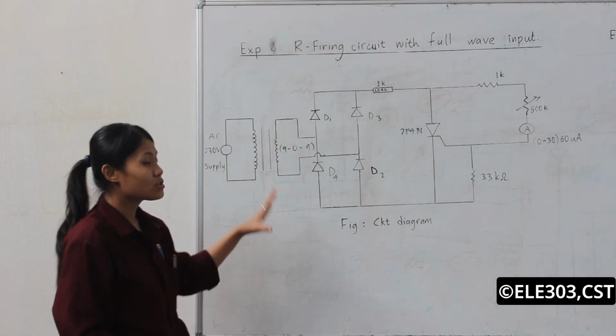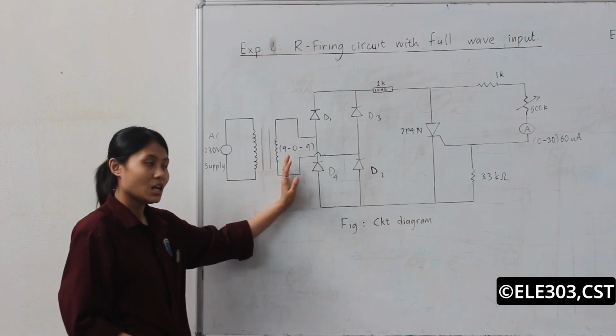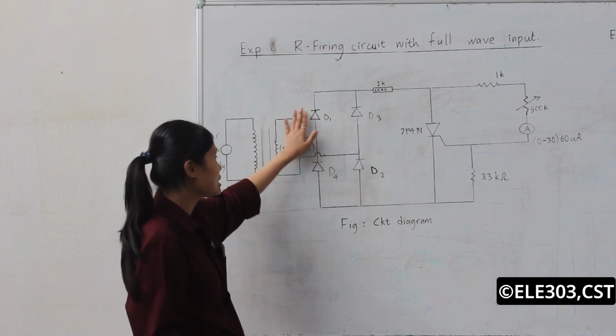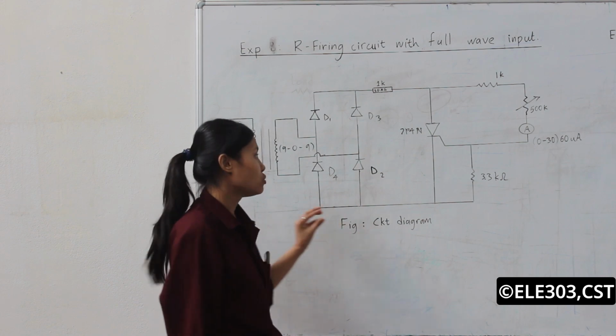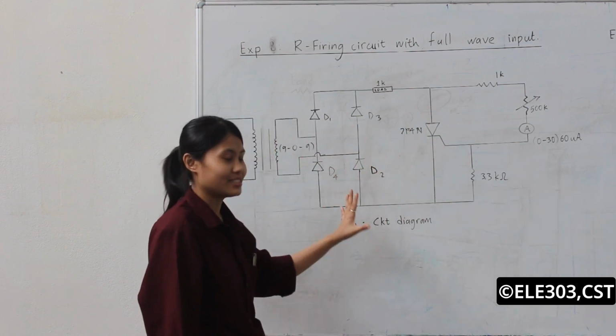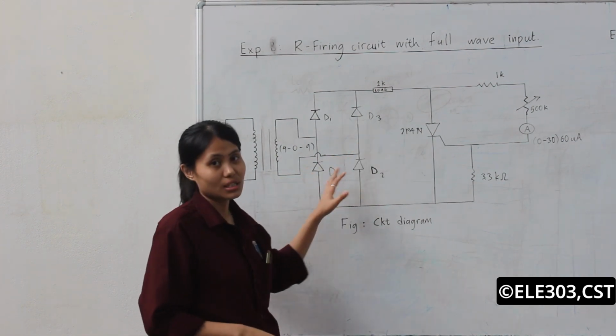So during its operation, when we provide the 9-volt AC supply from here, since there are 4 diodes, diodes D1 and D2 will conduct for the positive half cycle, and during the negative half cycle, diodes D3 and D4 will conduct.